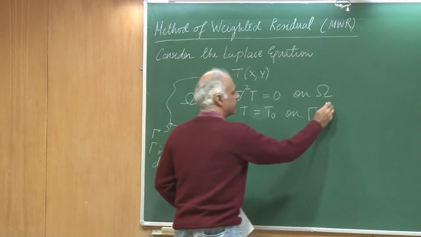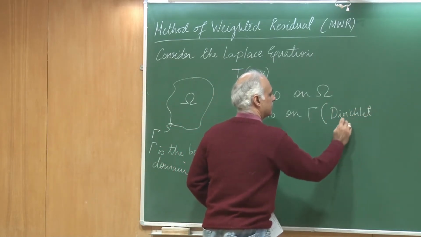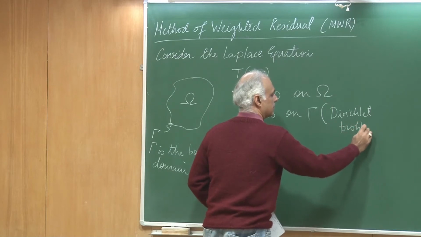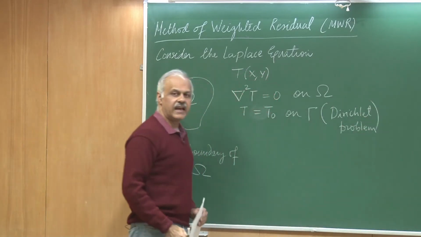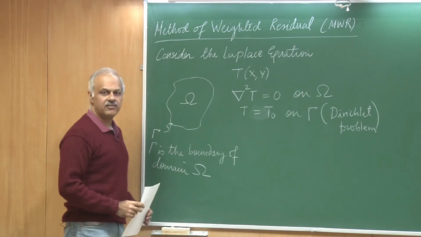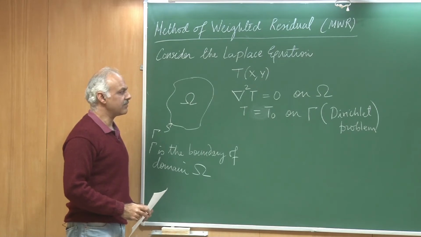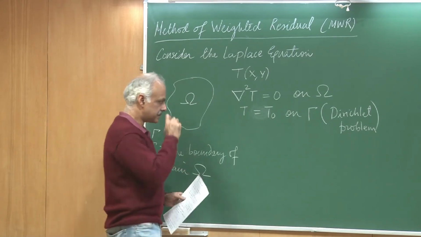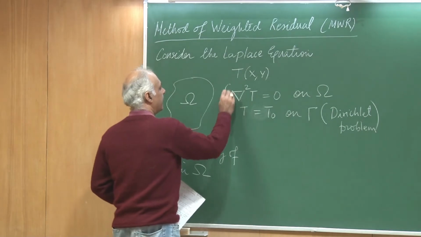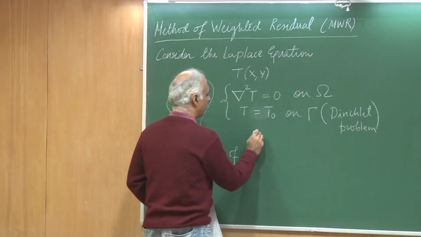So only a Dirichlet problem. We can consider other kinds of problems also, and they really will not have much of a difference, but for illustration we will consider this simple case. So we are interested in finding a solution to this problem.